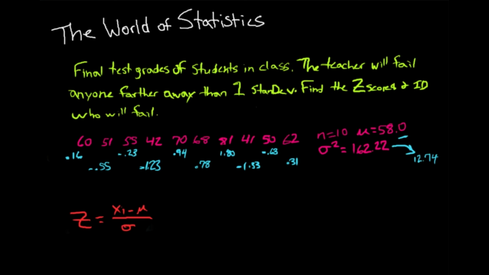For example, we see this 81, which is 1.8 standard deviations above the mean, but you wouldn't fail somebody above the average. So we search for people who are one standard deviation or more below. As we go across, we see this student is negative 1.23, and this student is negative 1.33. So we have two students we can identify as failing the class on the final exam.